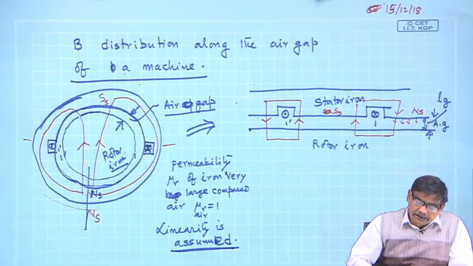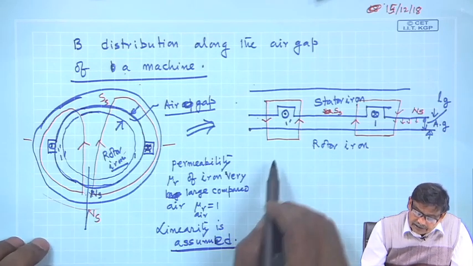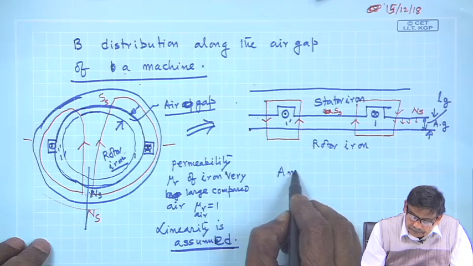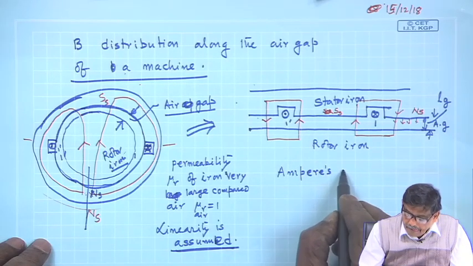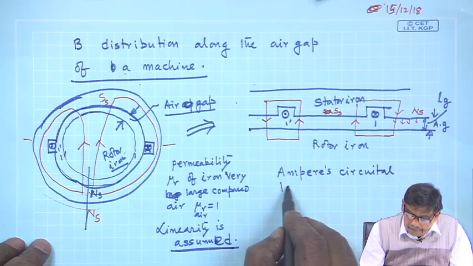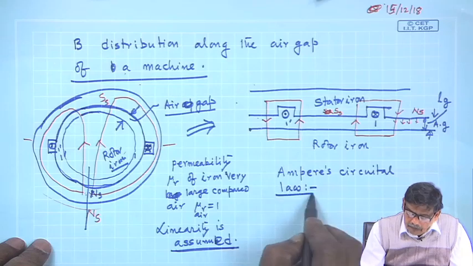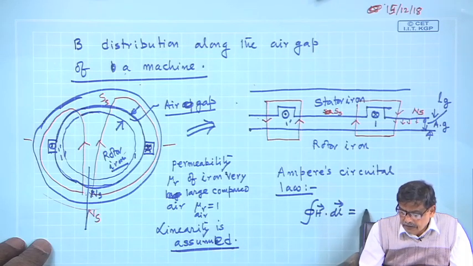Now, to find out the field around a conductor, what we apply is known as Ampere's circuital law, which you know is mathematically written as the closed path integral of H dot dl is equal to the current enclosed by the path.